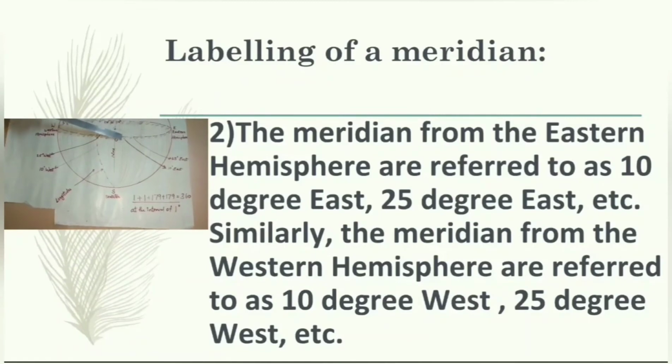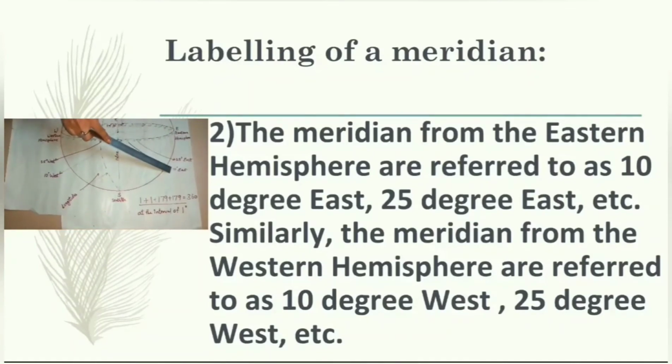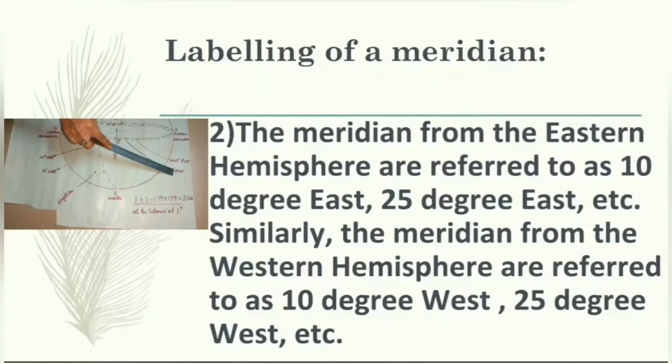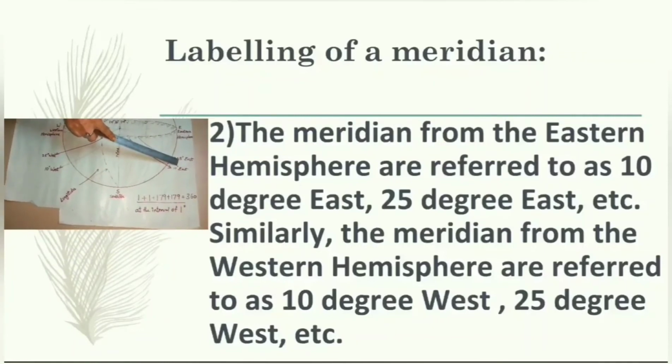You can see here 10 degree, and this is to the eastern side. How will you label it? You will write 10, then a small 0 apostrophe, and then east. So 10 degree east.